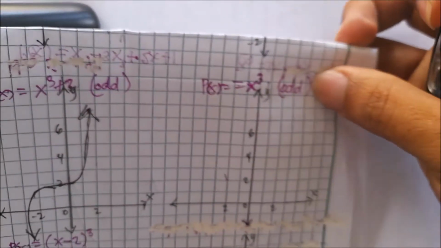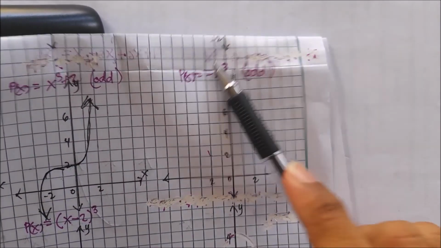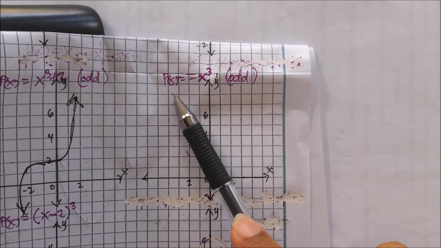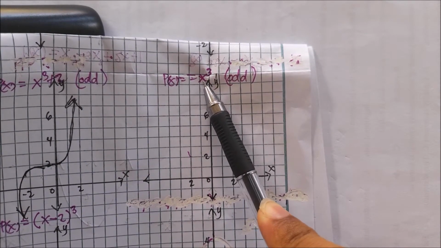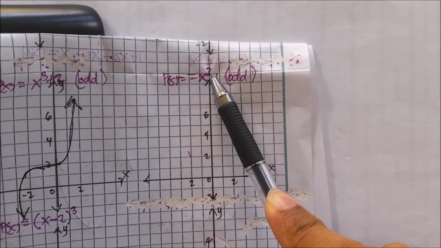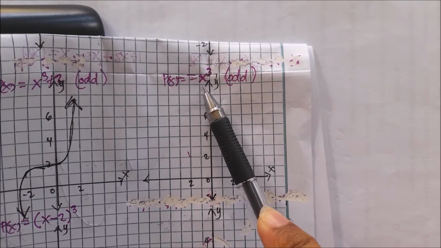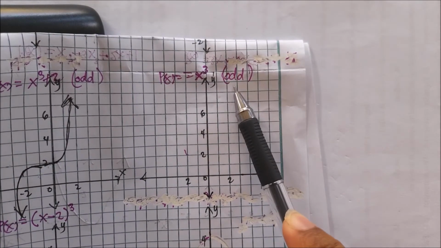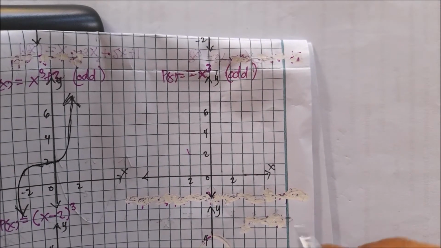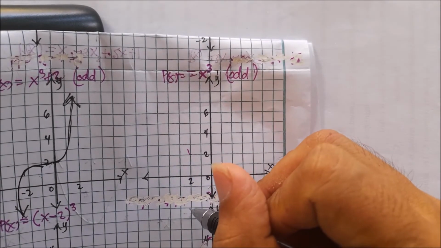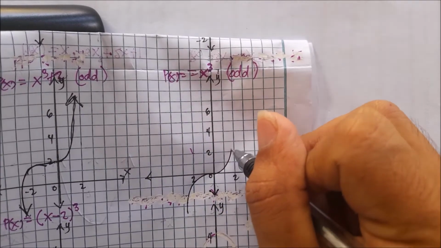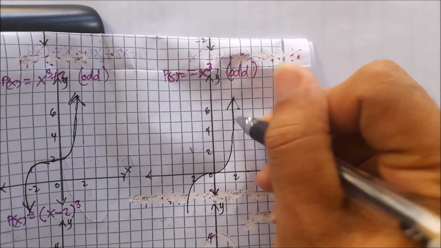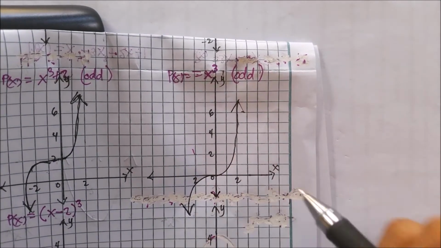Another example. P of x equals positive x raised to 3. 3 is an odd number and it is positive. So the form of the graph is this one. Why is it this one?